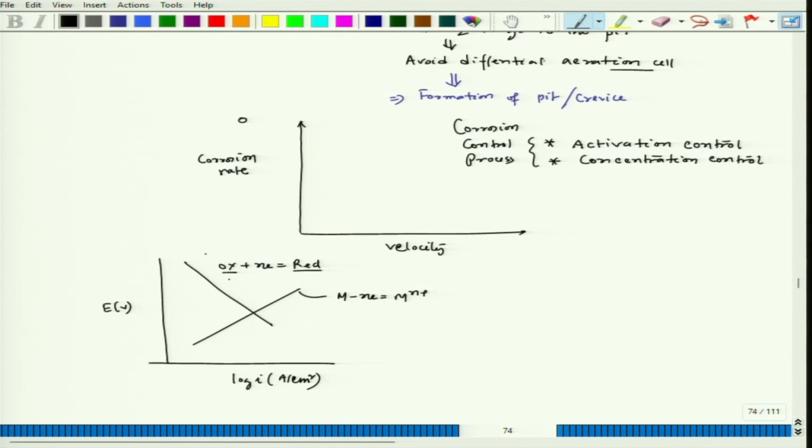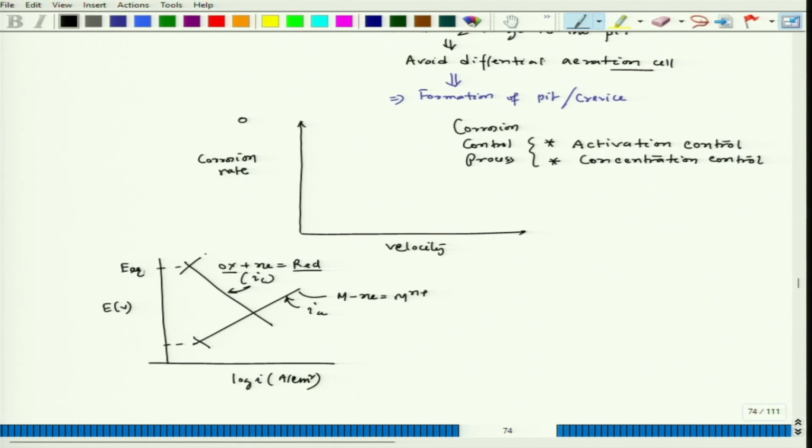So, if in this process we have the polarization, then it corresponds to IC, and this is corresponding to IA, or anodic polarization current density, and the other one is cathodic current corresponding to cathodic polarization current density. So, these are the two segments, and corresponding values you can think of.